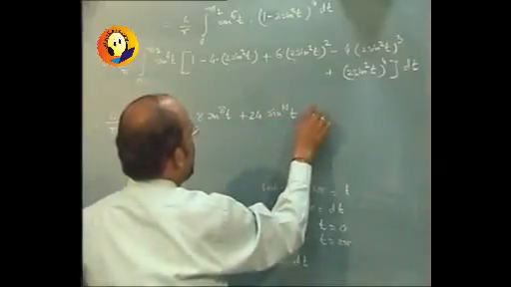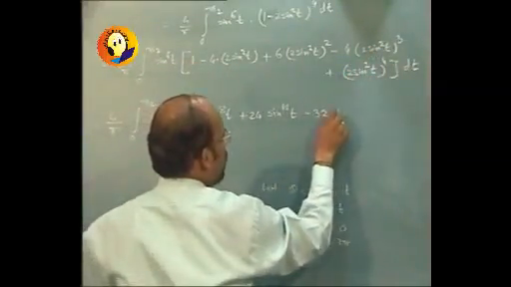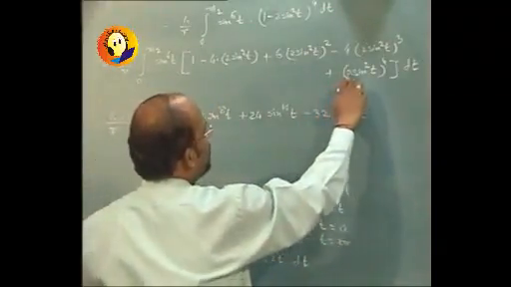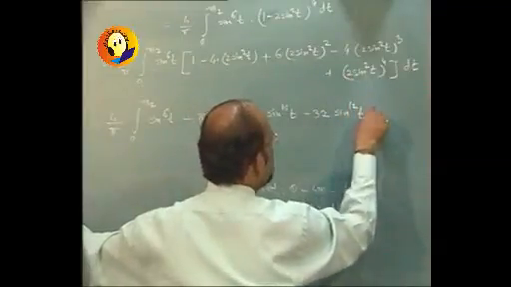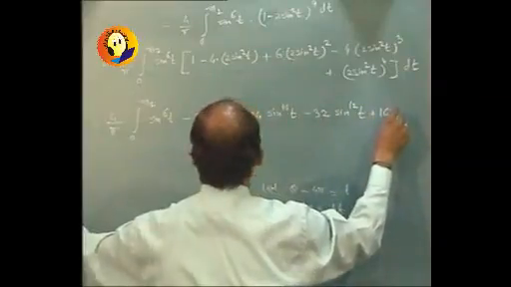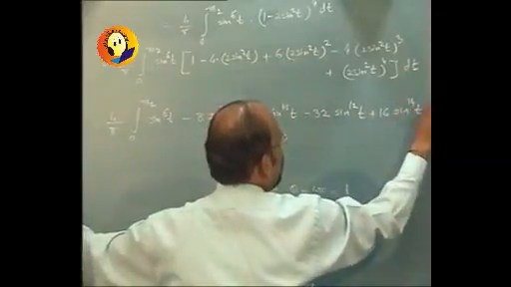So it will be minus 32 sin^6 and sin^6, it will be sin^12 t. And finally this is going to be 16, 2 raised to 4, so it is plus 16. This is sin^8 and sin^6, so it will be sin^14 t dt.